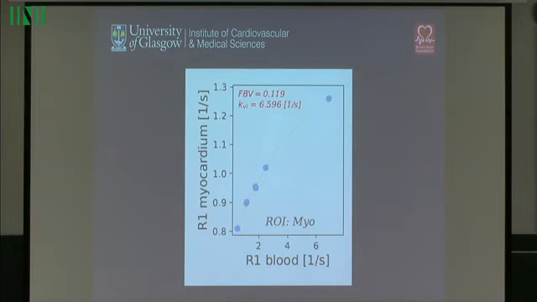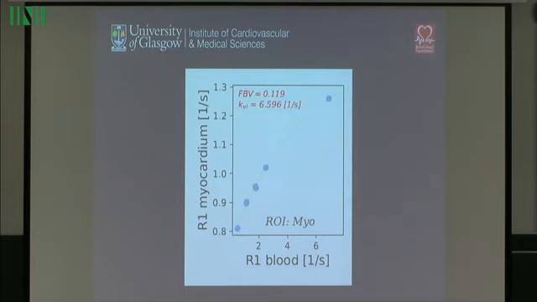That contrast agent is contained within blood vessels, and from the difference in response, in MRI response measured by R1, at each time point here, we build up a picture of the pattern of change of R1 in myocardium compared to R1 in blood.